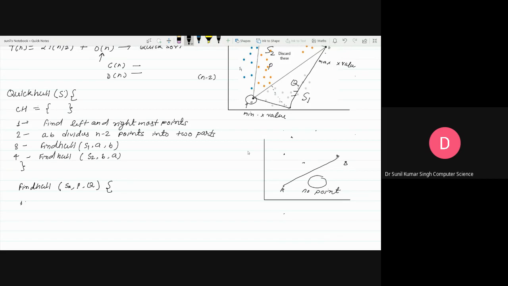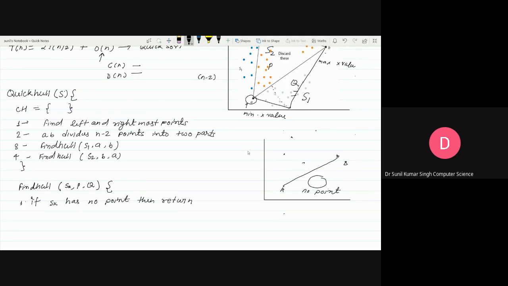When we are encountering this situation, then what we have to do, if SK has no point, then simply return. No point, then return.